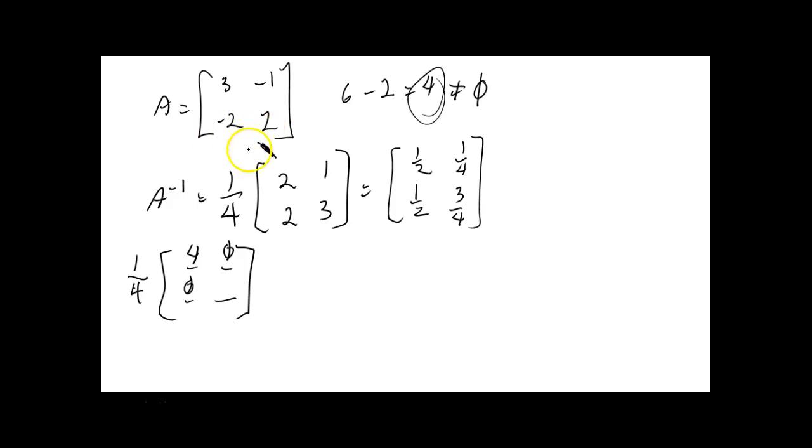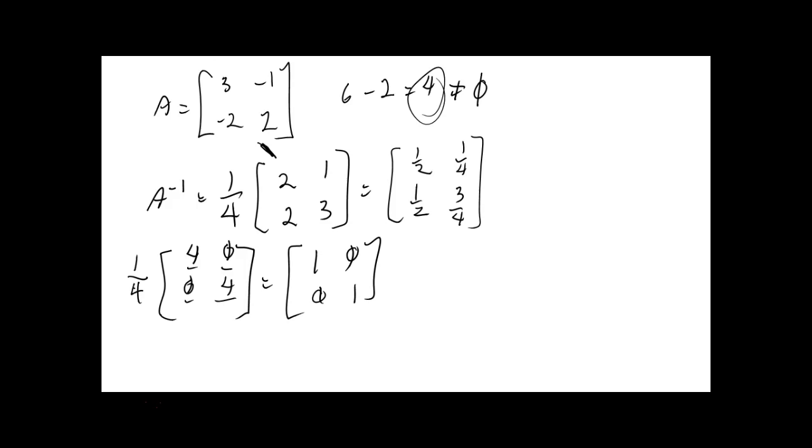Negative 2 plus 6 is 4. Then multiply that by 1/4 and you get 1, 0, 0, 1. The identity matrix. There it is. Now, you really ought to do it the other way too. Multiply this one by that one, reversed. You'll get the same answer, if you did it right, and we did.